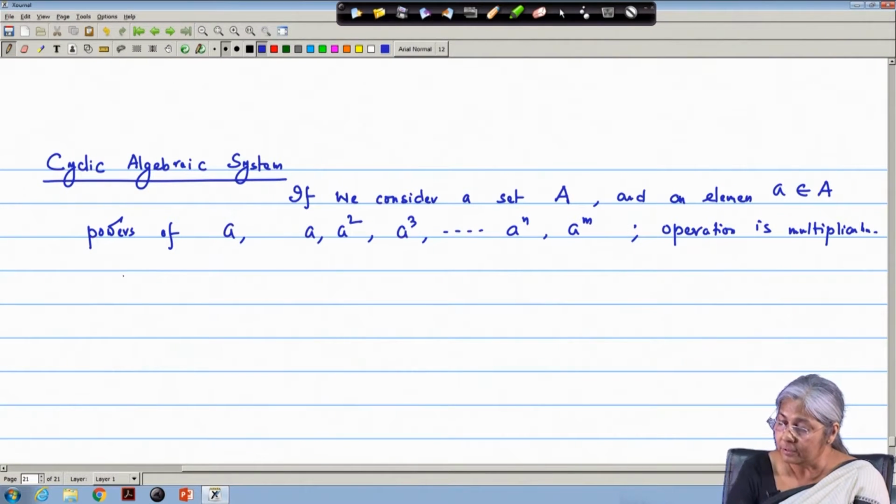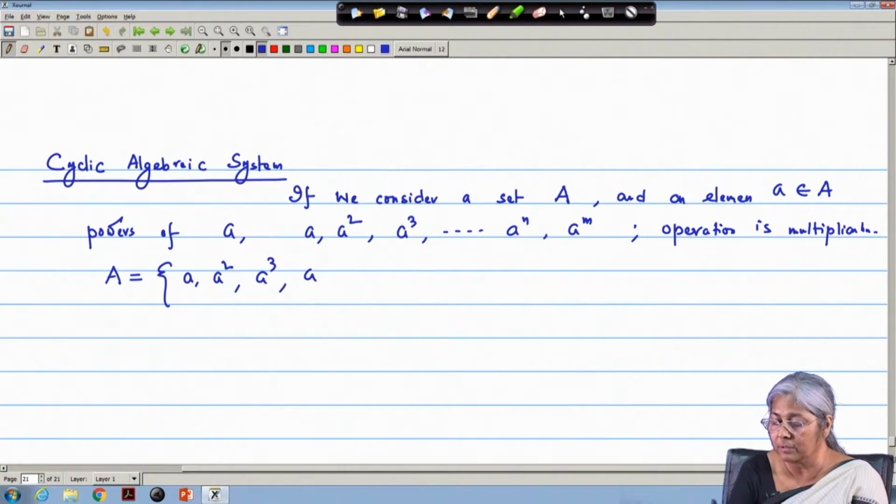Now, if the set A contains all these elements, say a square, a cube, a to the power 4, up to a to the power n, then using this a, by taking the power, we can generate all other elements.